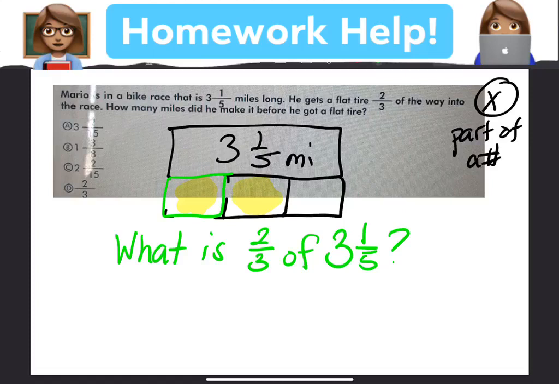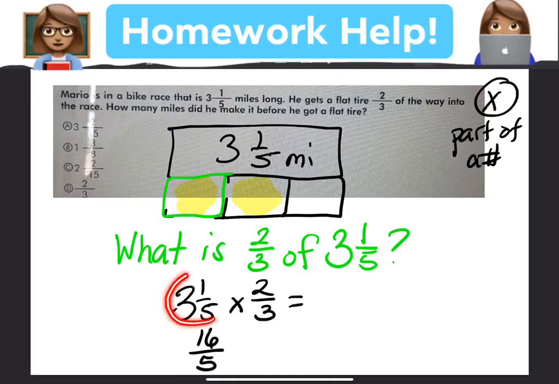So you're really doing 3 1/5 times 2/3. We're going to change this into an improper fraction: 3 times 5 is 15 plus 1, and we leave the 2/3 here. I'm getting 32 over 15, because 16 times 2 is 32.